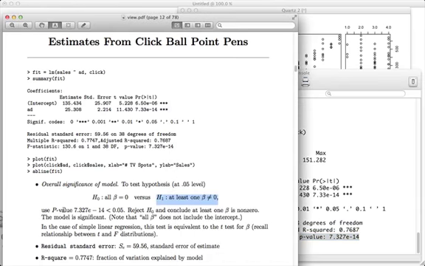Since this p-value is so tiny, way less than 5%, we're going to conclude that the data we've observed could not have been observed if the null hypothesis had been true. If the null were true, the chance that we would observe this data, with this much relationship or more with the dependent variable, essentially can't happen. Therefore, we reject H0 and conclude that at least one of these betas is non-zero.